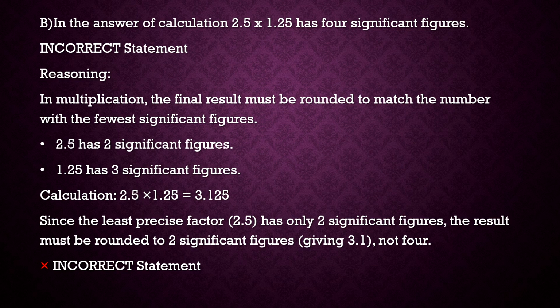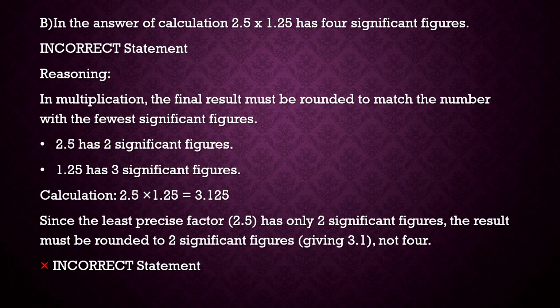Here they give four significant figures, so we would mark it as four. But the rule says that in a multiplication the final result must be rounded to match the number with the fewest significant figures.